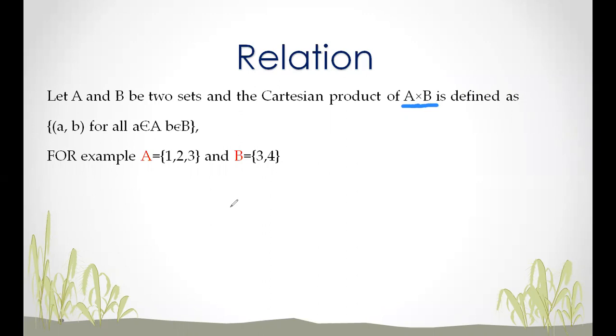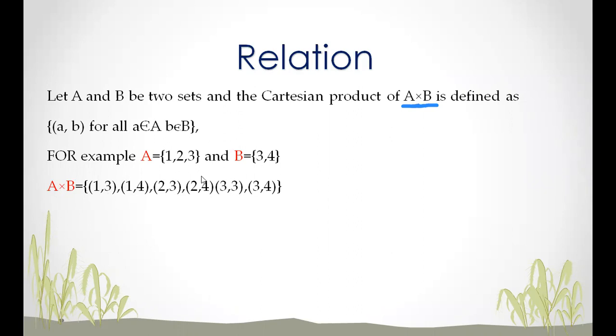Next we see the Cartesian product. Here we make pairs: (1, 3), then (1, 4), then (2, 3), (2, 4), (3, 3), (3, 4).